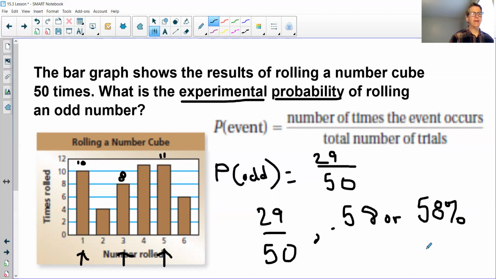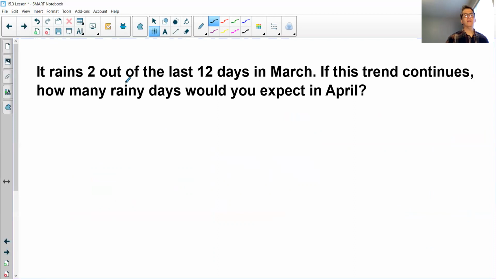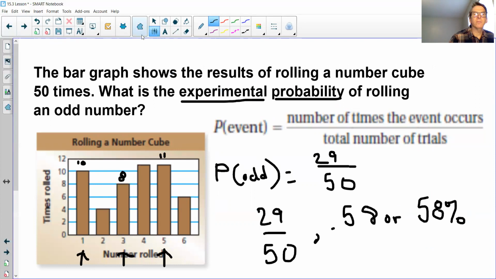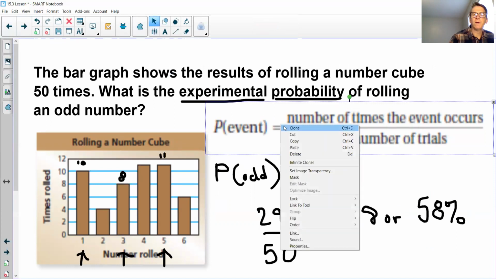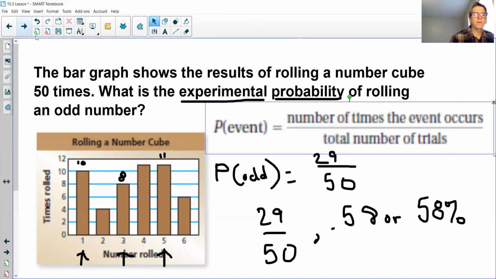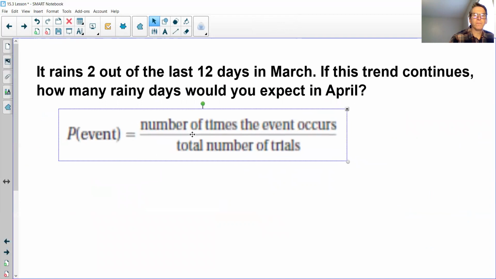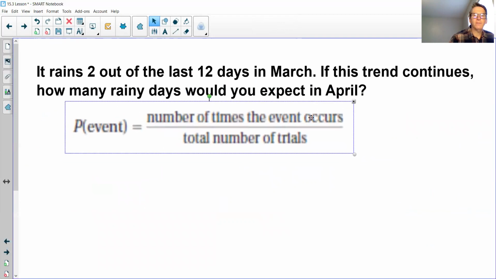Example 2, making a prediction. It rained 2 out of the last 12 days in March. If this trend continues, how many rainy days would you expect in April? Again, we're going to use the probability relationship: the number of times the event occurs over the total number of trials.